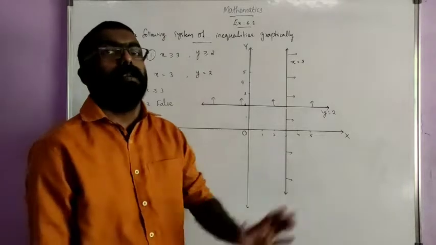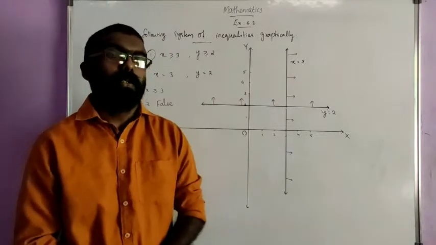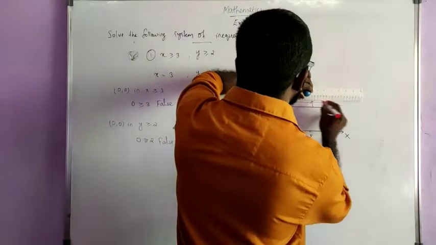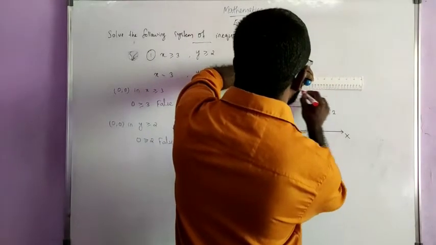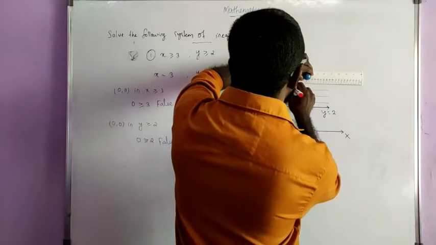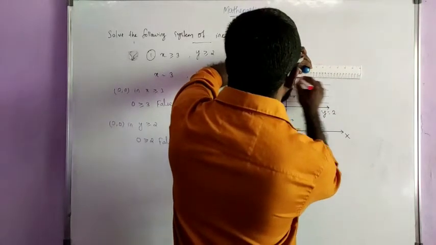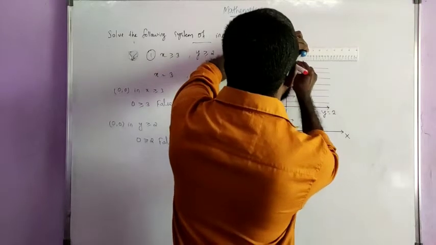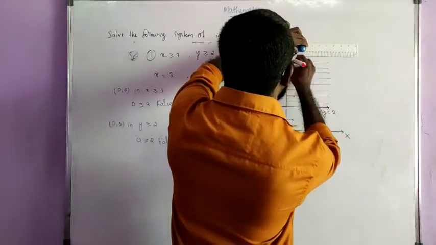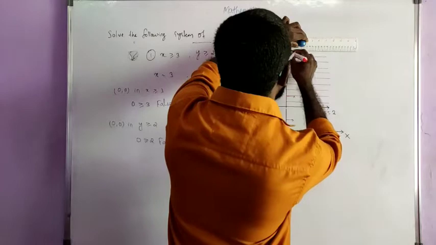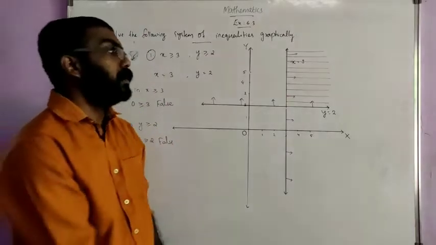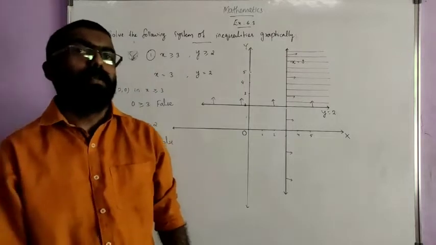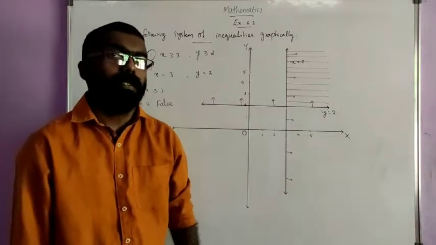That portion we have to shade. That will be the solution region. So this is the solution represented by these two inequalities. Understood?